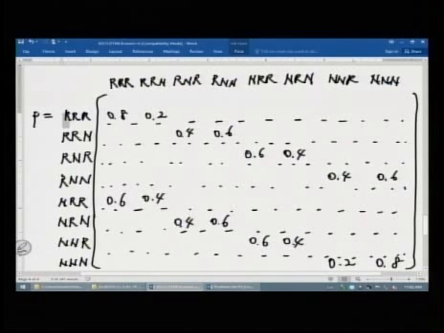Okay? So this is the one stage, one step transition probability matrix. Any questions?